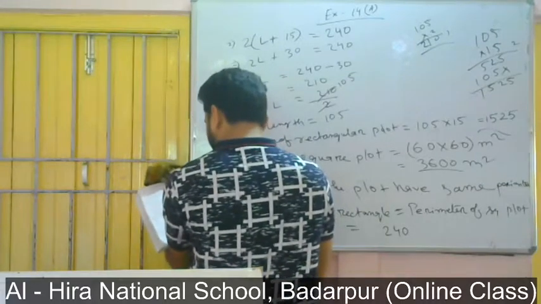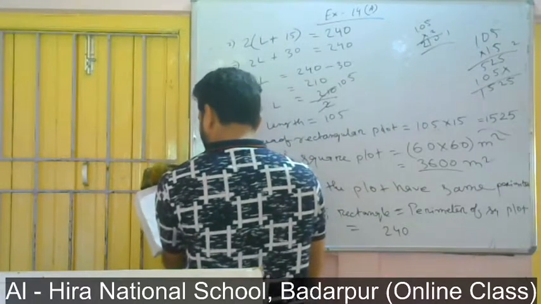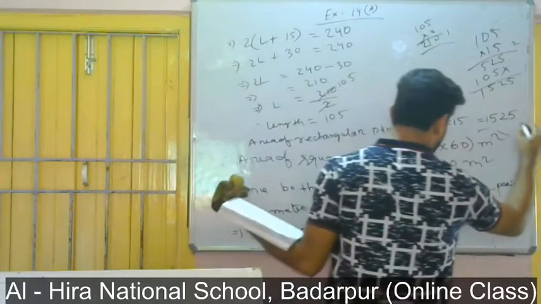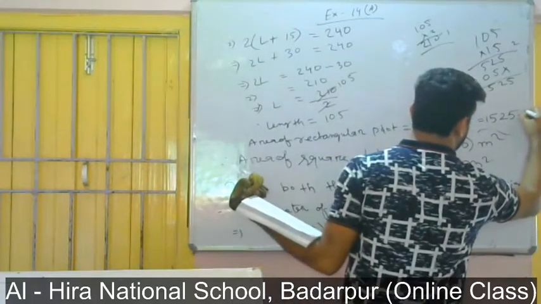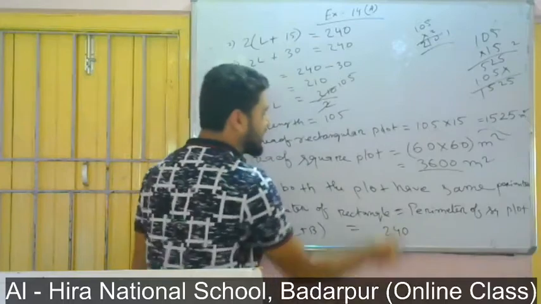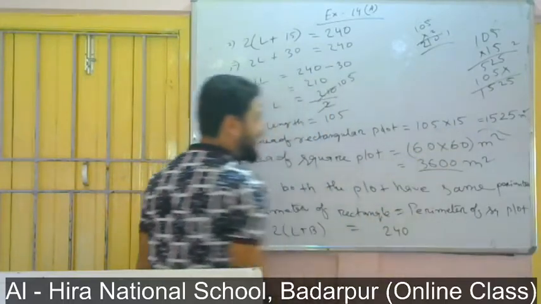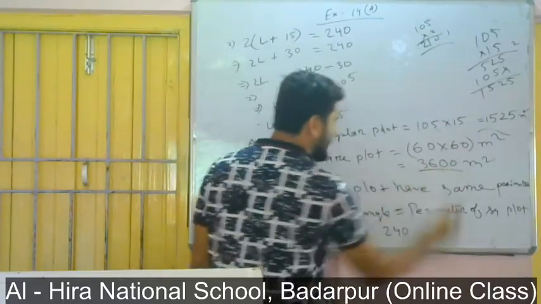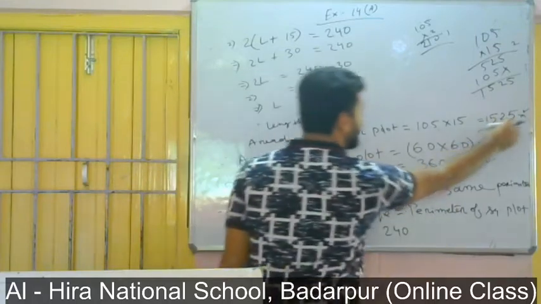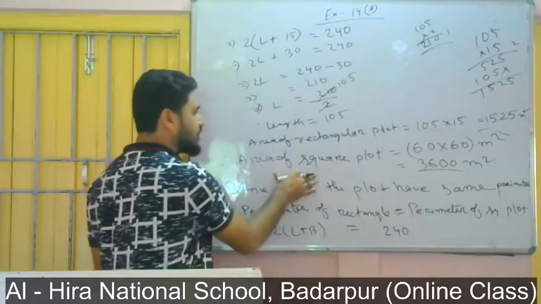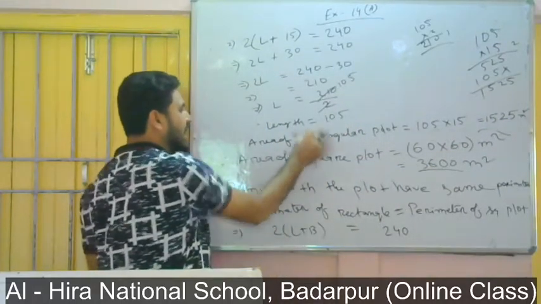It is given in meter square, so 1525 meter square. From that, we can compare: 3600 is greater than 1525. That means the area of the square is greater than the area of the rectangle.